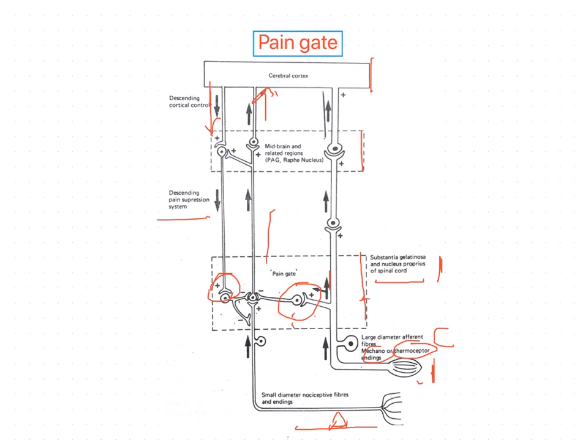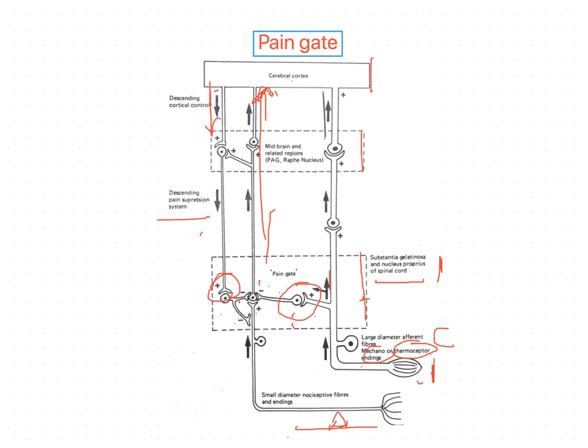Normally when the small diameter nociceptive fibers end in the substantia gelatinosa, they release substance P, which is carried to the higher levels, and from the higher levels the response by the cerebral cortex is taken over by the descending pain suppression system.